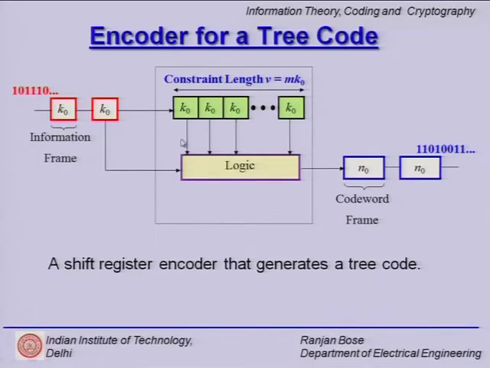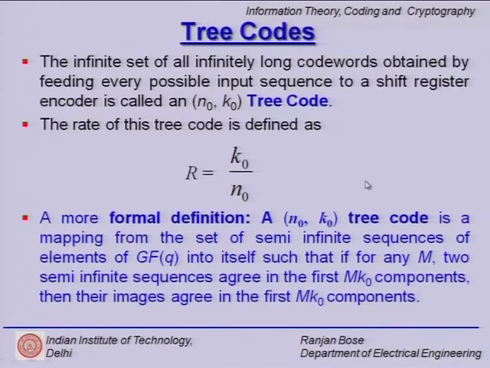Now, once we have this going, the logic can be used to compute the code word frame n naught. As you can see, the code word frame is longer than the information frame. If the information frame is, say, 2 bits long, then the code word frame could be 3, 4, 5. If the information frame is 3 bits long, it could be 4, 5 or 6.